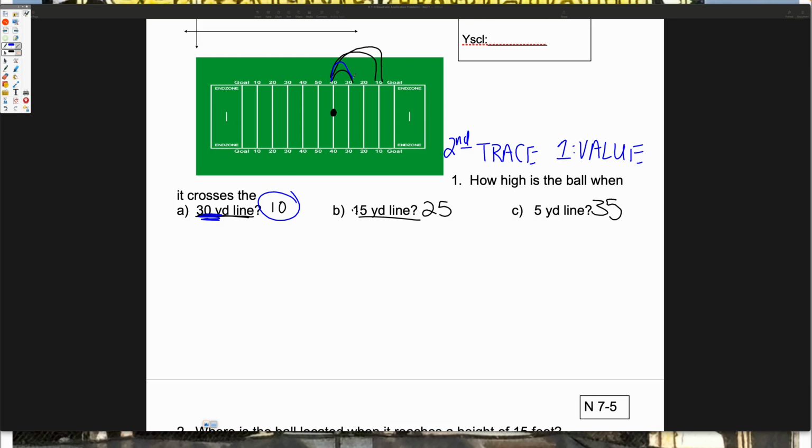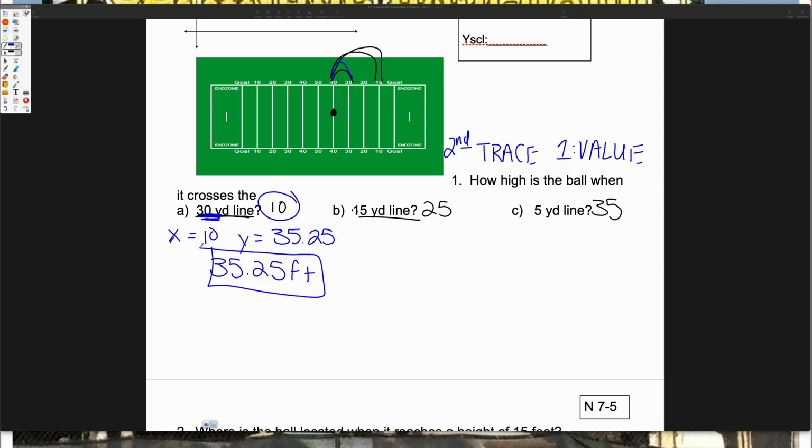It'll bring you to that exact point. It says x equals 10, y equals 35.25. So 35.25 feet. That's how high in the air it is. Now I'm just going to repeat that process for the other two options.